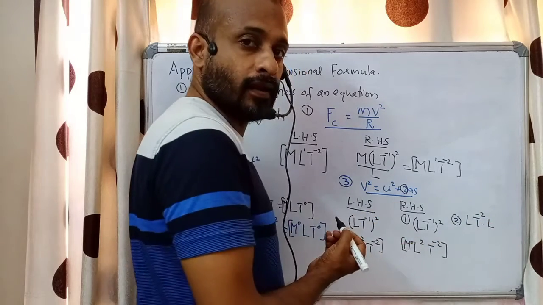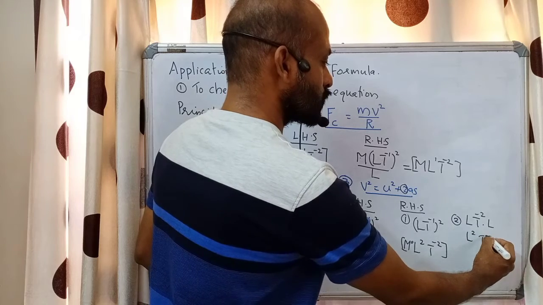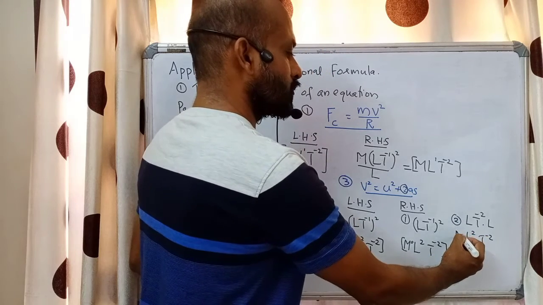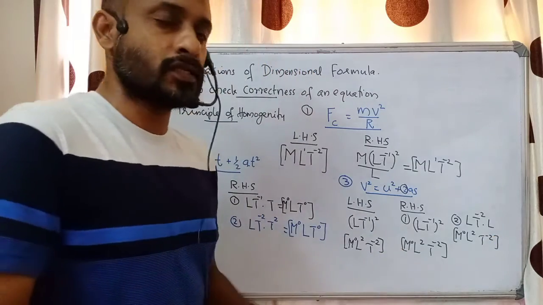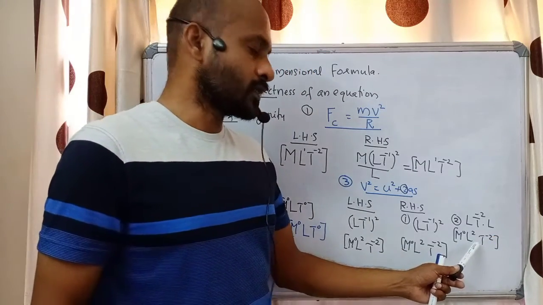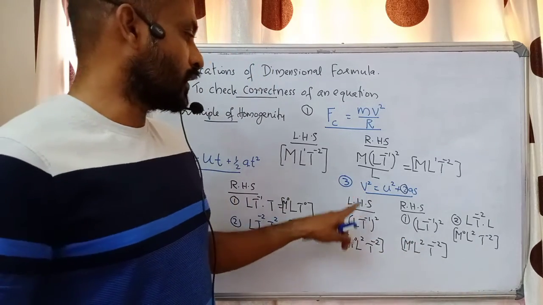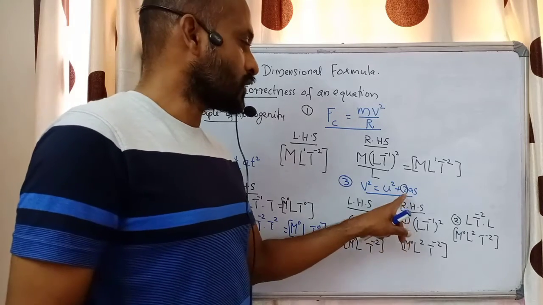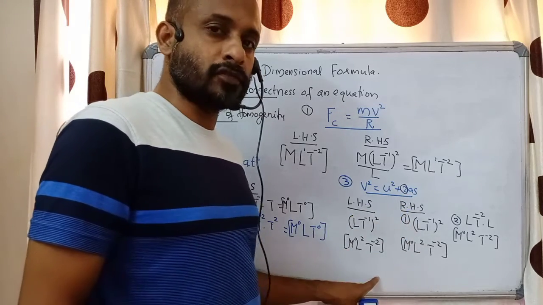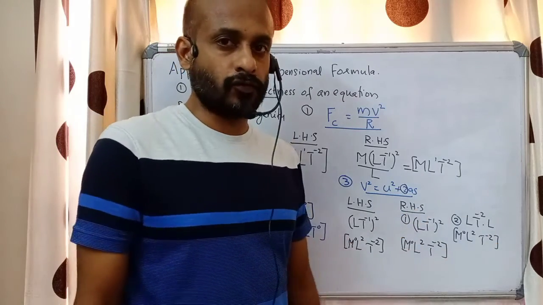Dimension formula is L. L into L, L square t raised to minus 2. We can add m raised to 0. So we have got the dimension formula of the second term on the right side, m raised to 0, L square t raised to minus 2. So the dimension formula of the left side of the equation is m raised to 0, L square t raised to minus 2. The first term on the right side has the same dimension formula. The second term on the right side also leads to the same dimension formula.